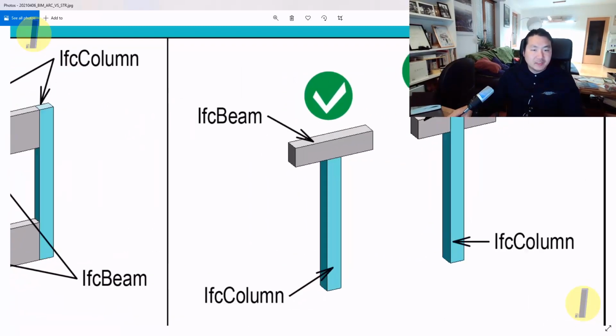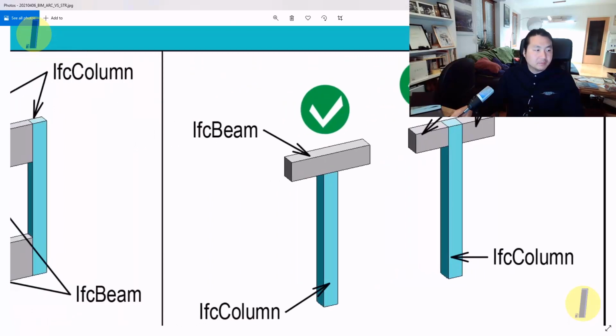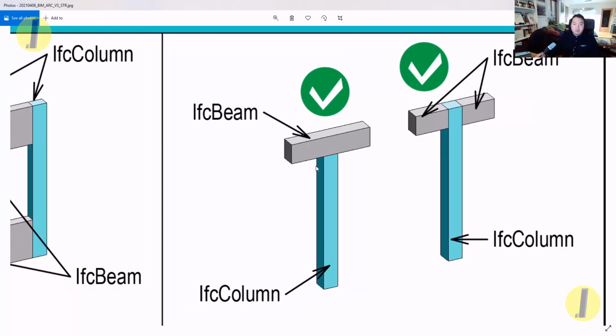The next example we are looking at is also beam and column connections, and generally speaking, the left hand side is the really correct modeling.